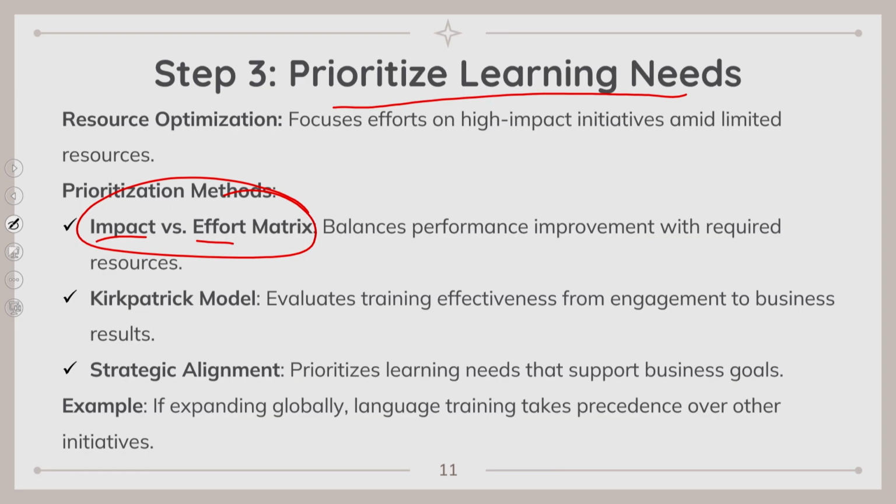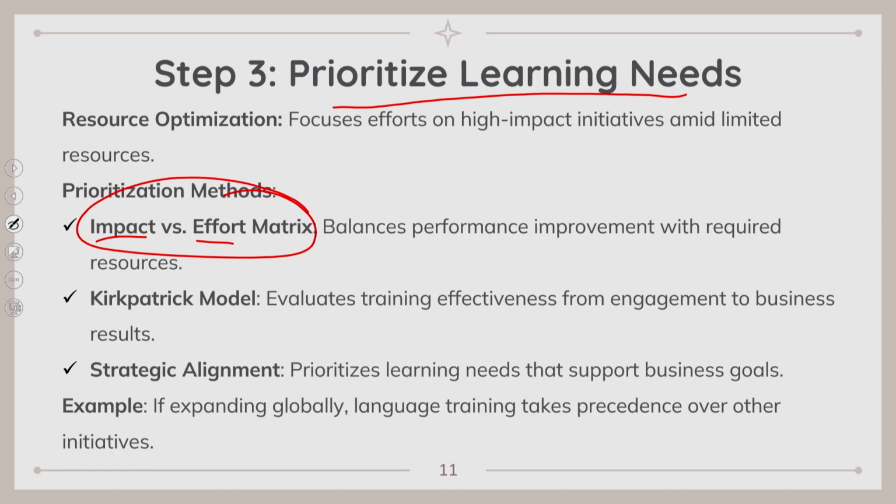Impact is how significantly addressing the need will improve performance or achieve organizational goals, and effort is what resources, let's say time, money or personnel, are required to address the need. A classic example would be training employees on cybersecurity protocols might score high on both impact, because they are preventing costly breaches, and they may also score high on effort, requiring specialized trainers.